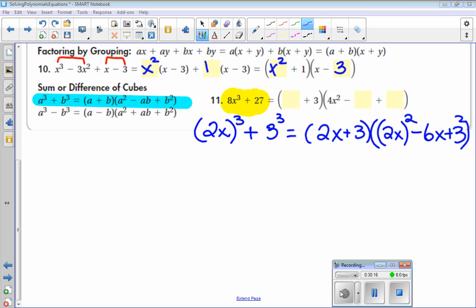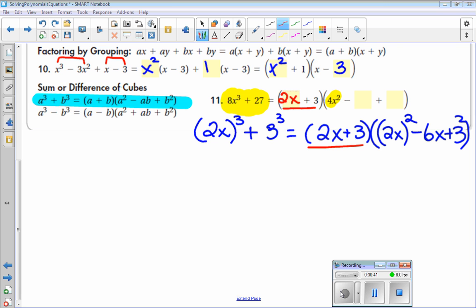Now, I need to simplify it a little bit. I have 2x plus 3 as my first factor, and that factor stays the same. It checks, doesn't it? My second factor, how did I get the quantity 2x squared and then get 4x squared? Where did this come from?